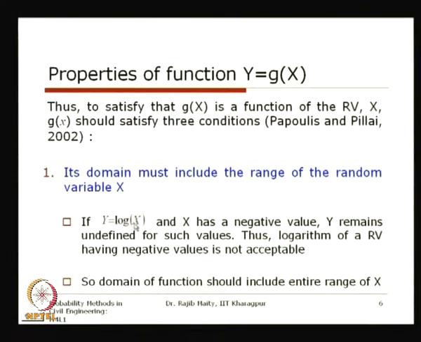If x is a random variable with its lower bound at 0 or some positive number, then this functional form is acceptable. So the domain of the function g(x) must include the entire range of the random variable x.